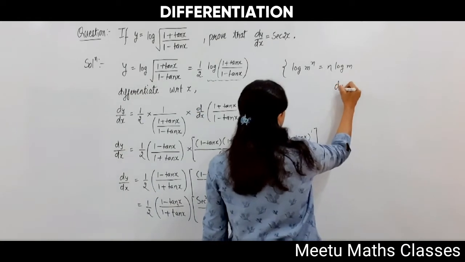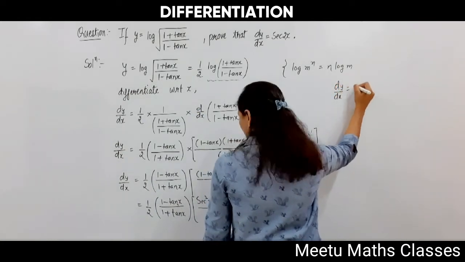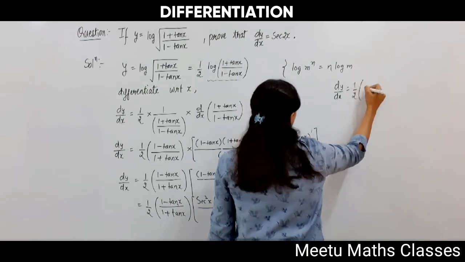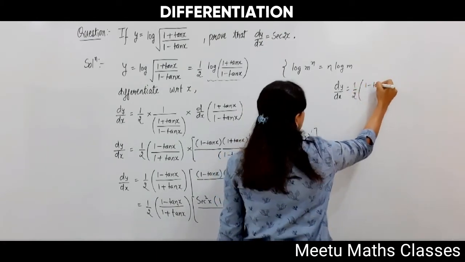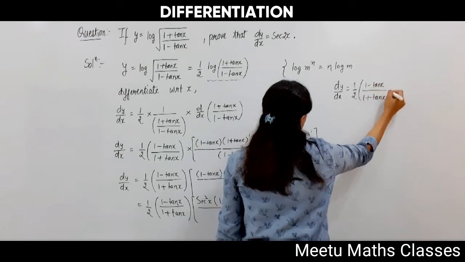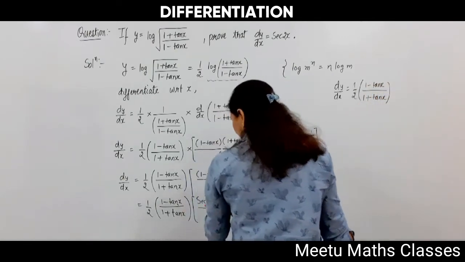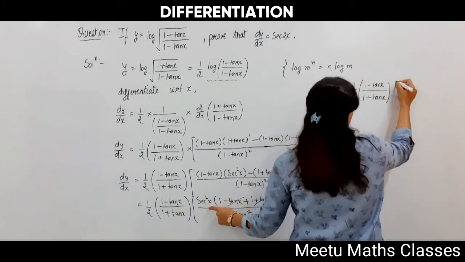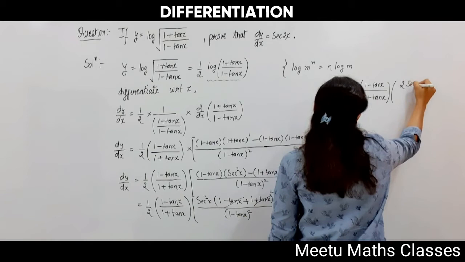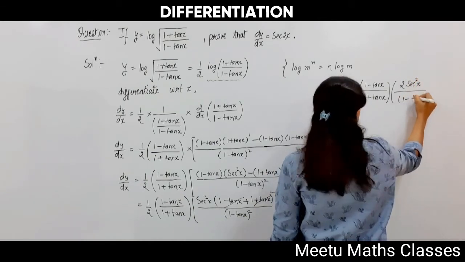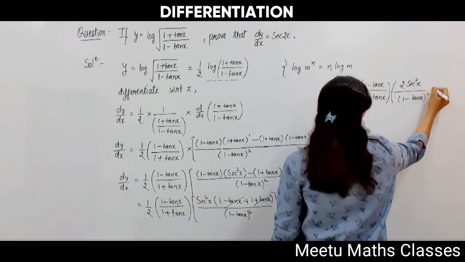So you will get dy by dx is equal to 1 by 2 into 1 minus 10x upon 1 plus 10x, and from here you will get 2 sec square x upon 1 minus 10x whole square.